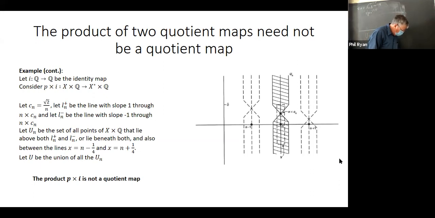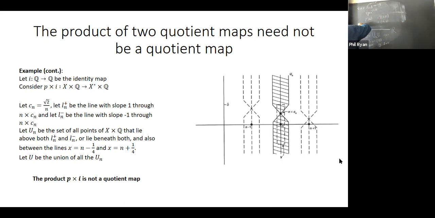So where are we going to get a contradiction? Okay, so let's pull it back. We get I inverse of minus delta to delta. Well, this is just the identity map, right? So this is just minus delta to delta.